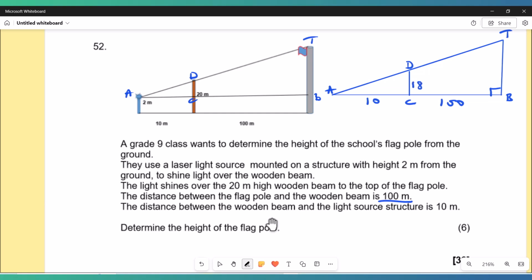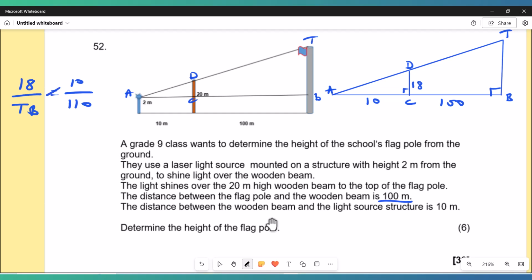So I'm going to find my TB. Now this must be 90 degrees here as well. So these triangles are similar. So I can say that 18 divided by TB equals 10 divided by 110.